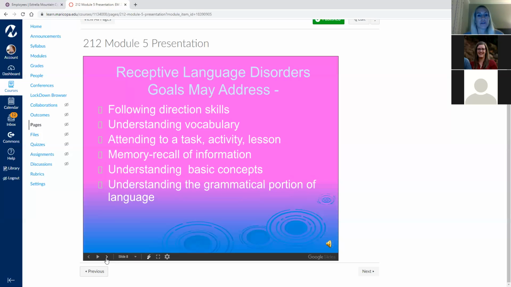But receptive language disorders, here's some variety of goals. When you read a goal like this, always ask yourself, what are we targeting? Following direction skills: a lot of times we're working on whether they understand what the direction is. Understanding vocabulary, attending to a task, activity, a lesson. So attending goals.